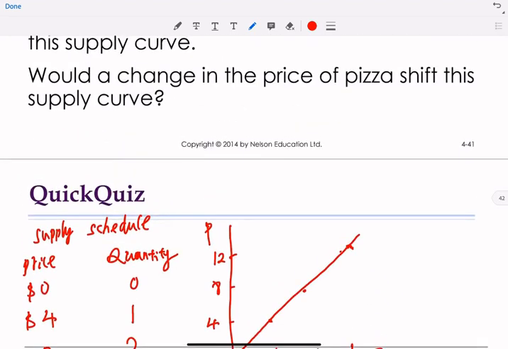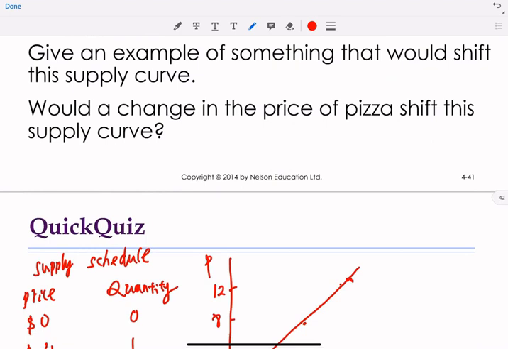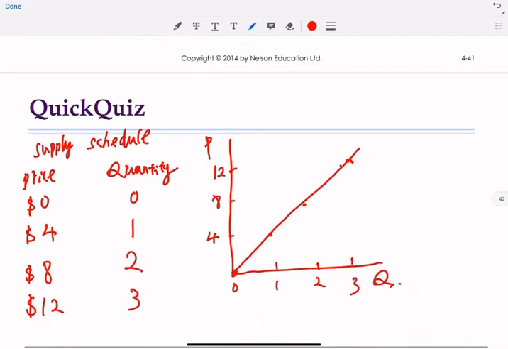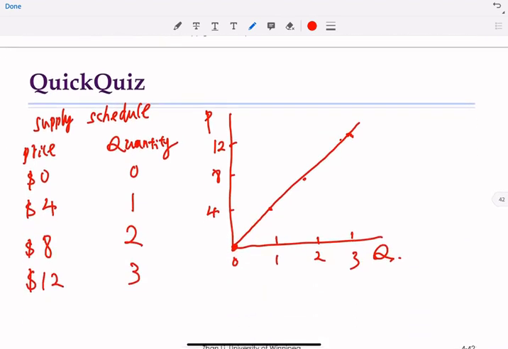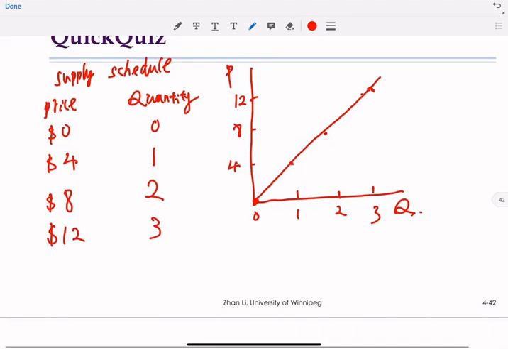Now what's the next question? It says, give an example of something that would shift this supply curve. Well, there could be a lot of factors, at least 4 factors which could shift the supply curve. Let's say flour, right? Because you need flour to make pizza.